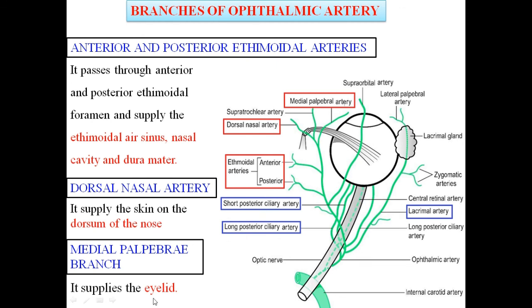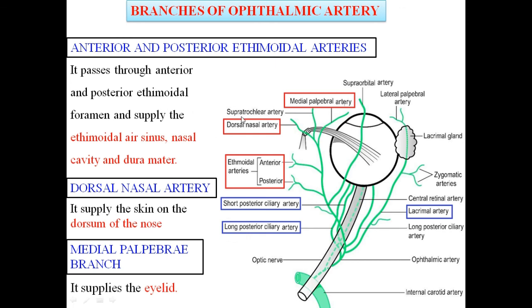So let us see the branches. The anterior and posterior ethmoidal arteries, you can see here, the posterior ethmoidal artery and anterior ethmoidal artery. They pass through the anterior and posterior ethmoidal foramina. So these are two foramina we are going to observe, and they supply the ethmoidal air sinuses, nasal cavity, and dura mater.